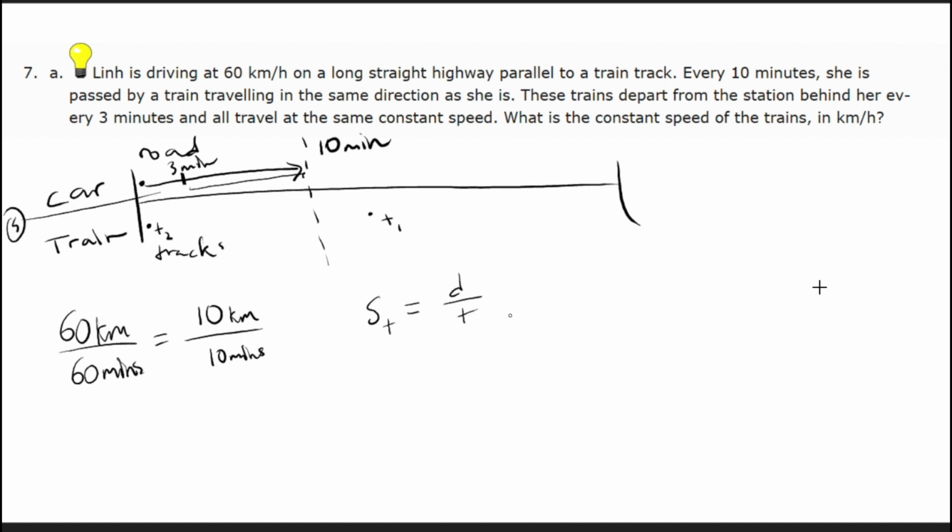We have 2 t's, so we'll do capital T for time and capital D for distance. So we sub in our values. The distance that we travel is the 10 kilometers, and the time that we do it, 7 minutes.